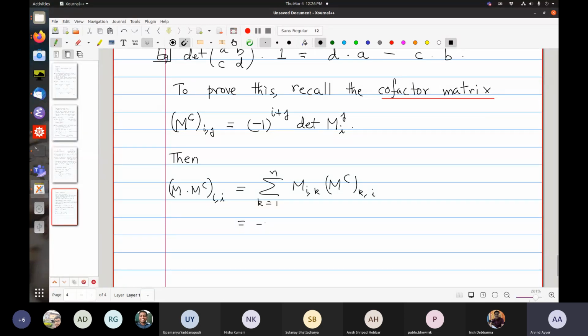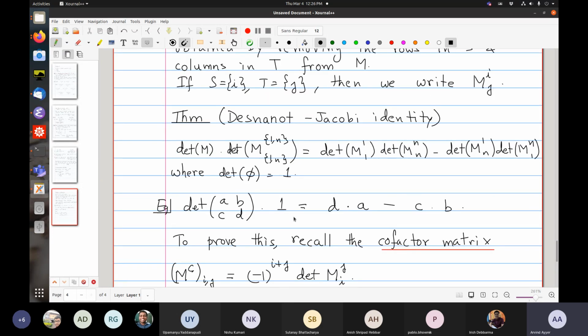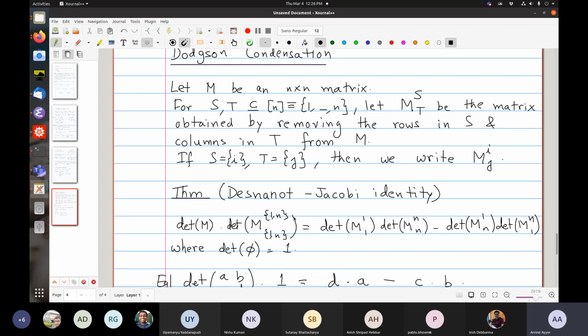I guess maybe I'll write it carefully. So minus 1 to the I plus 1, mi1 determinant Mi1, minus, what is my notation?